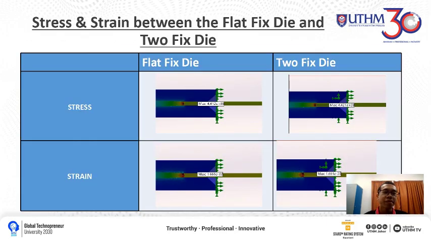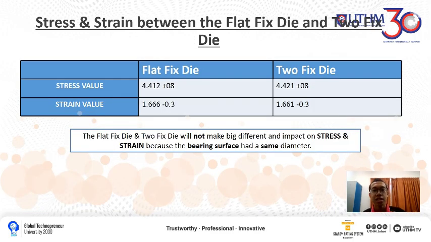Okay, on the next part, stress and strain between the flat fixed die and the two fixed die. We have four pictures. The table shows the values that I mentioned in the previous slide. The flat fixed and the two fixed do not make a big difference in value, and the impact on stress and strain is low, because maybe the bearing surface is the same area.